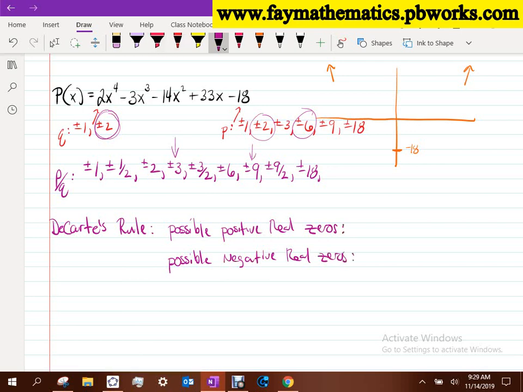So I look for sign changes, right? Coming up here, this is a plus to a minus. There's 1. Minus to minus, minus to plus, and plus to minus, right? So I have 3 variations in sign. So I could have 3 possible real zeros, or how many more?